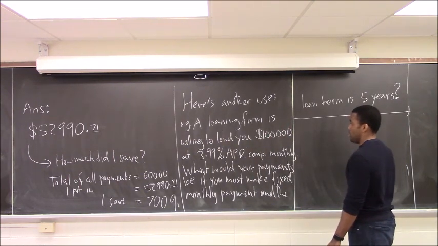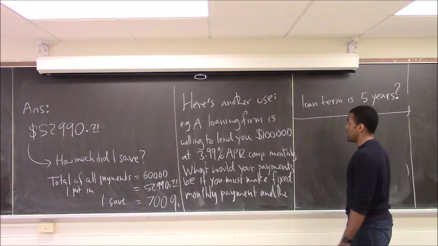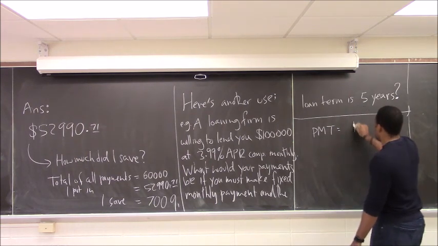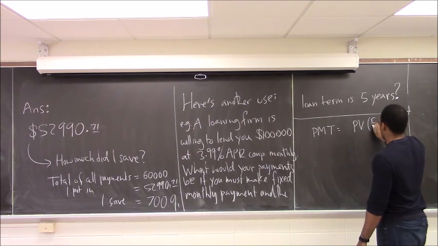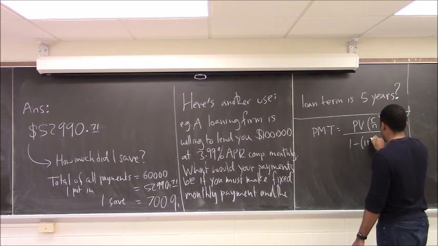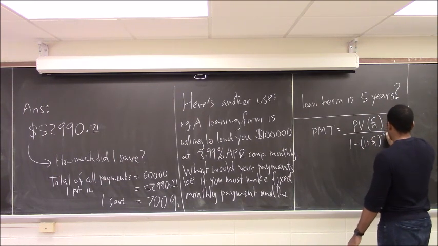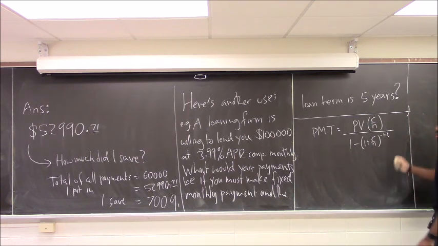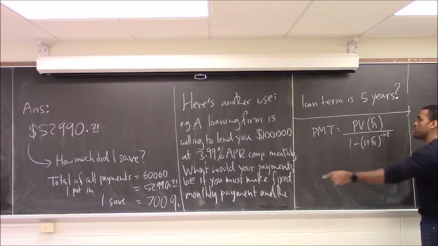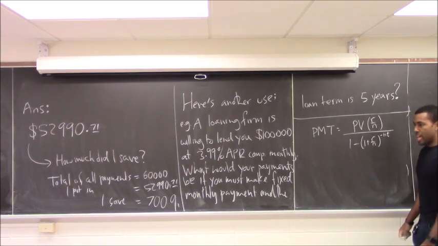So basically, you want to find your payments, you're going to use the payment version of the formula that we had. It's going to be the present value times R over N over 1 minus 1 plus R over N to the minus NT. So the 100,000 is the present value. They are giving you that money now, and you are going to give them future payments over a 5-year term.